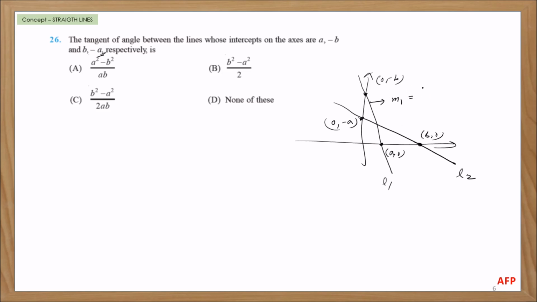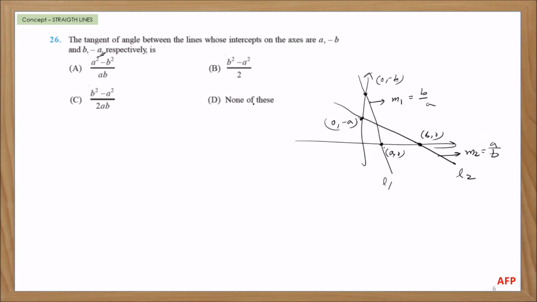So y2 minus y1, b minus minus a, we got. What is the slope of this line, m2? Let us check this one: 0 minus b plus b. So this is also a plus sign we are having.